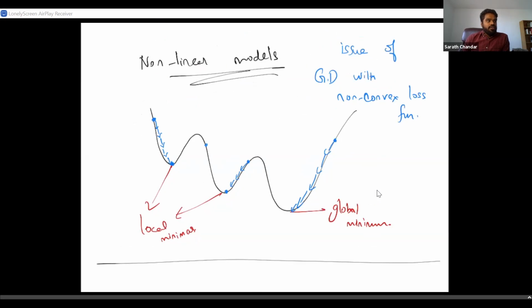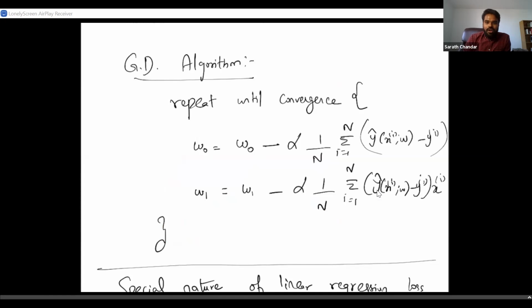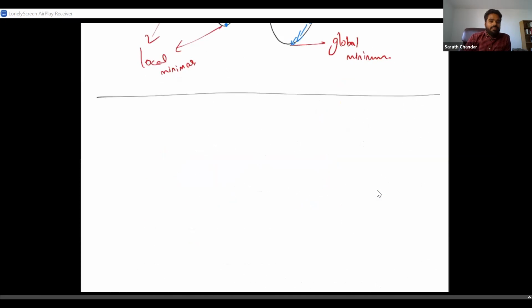Okay, so let's continue. Now there was this question of what is n. Are we going through the entire data set to compute the gradients? That brings us to a second version of this algorithm, which is stochastic gradient descent.